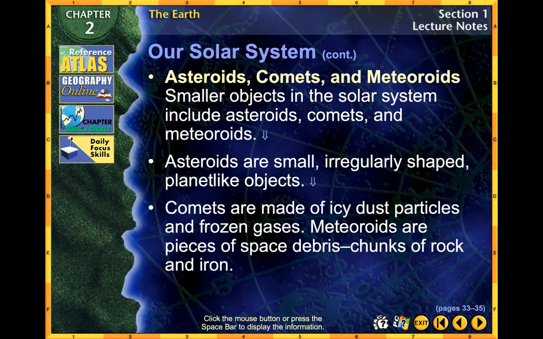What makes them unusual is that they actually revolve in an orbit as well. This is why Halley's Comet, probably the most famous, crosses paths with the Earth about every 75 years, because it's in a continual orbit. And then there's meteoroids, which are chunks of space debris, rock, and iron that fly around. If they ever come into Earth's atmosphere, they will burn and become meteorites if they land. And if they don't land and they burn up, then they're just meteors.